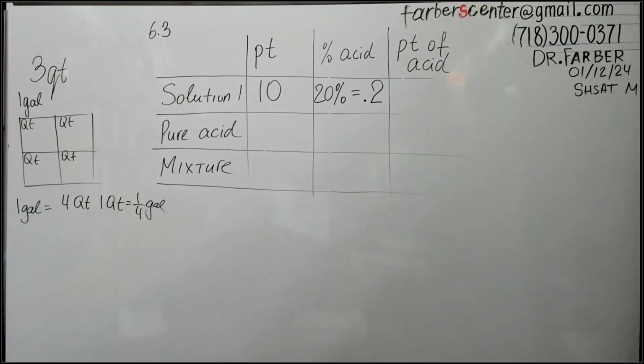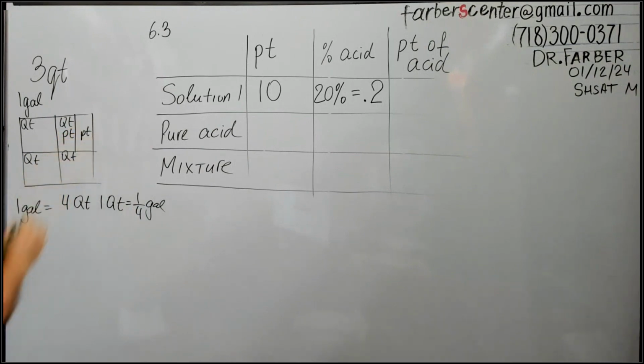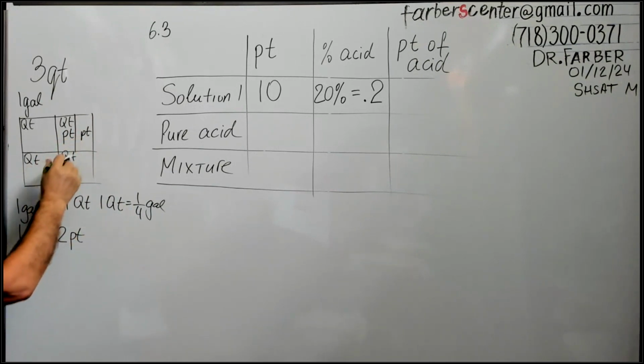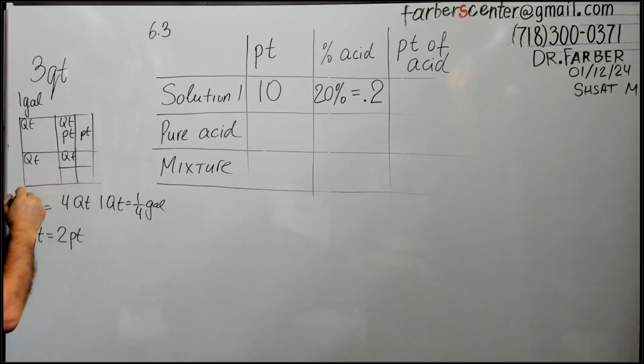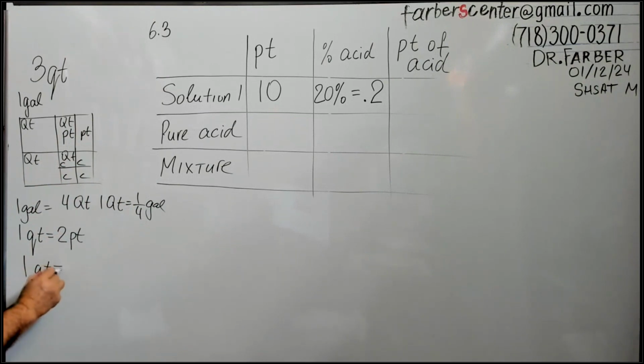Now I cut it again by 2. And 1 quart equals 2 pints. See this? If you compare this one and cut it again by 2, this is cups. And 1 quart equals 4 cups, etc. So easy to memorize.